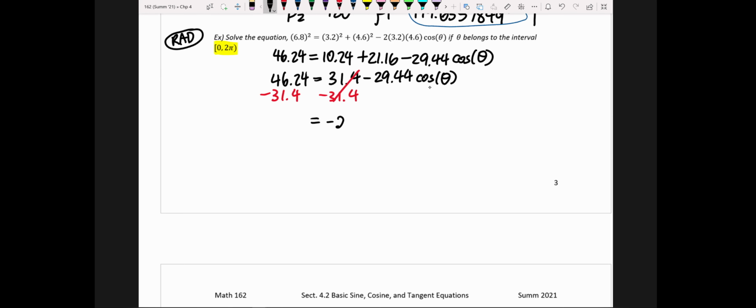And then we're solving for cosine of theta. So we want to isolate cosine of theta. Okay, so at this step, Miguel, what should we do to both sides to get cosine of theta by itself? Let's hear from Miguel.